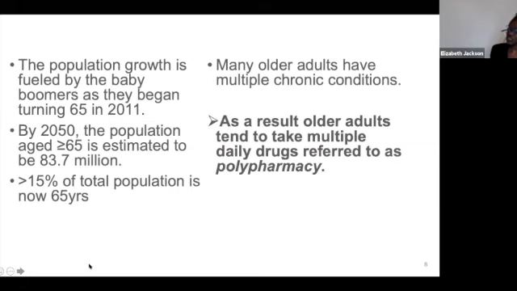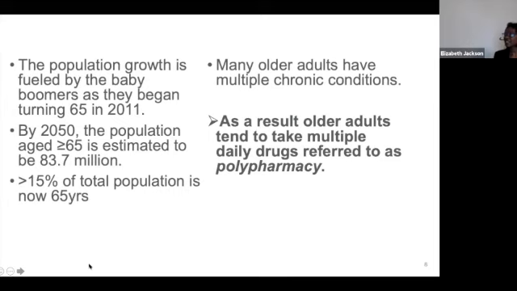The population growth is fueled by the baby boomers, as they began turning 65 in 2011. By 2050, as we saw, the estimated population of 65 and older is going to be about 83.7 million, and it is going to be greater than 15% of the total population. What we need to keep in mind is many older adults have multiple chronic conditions.